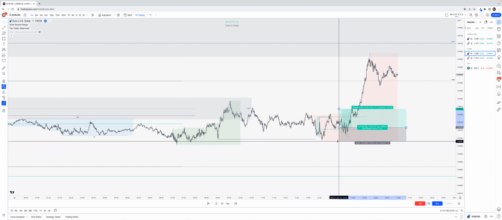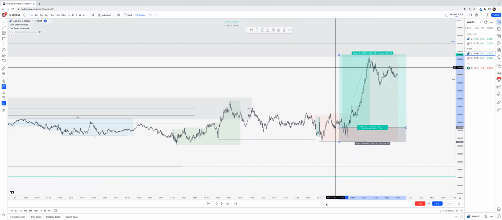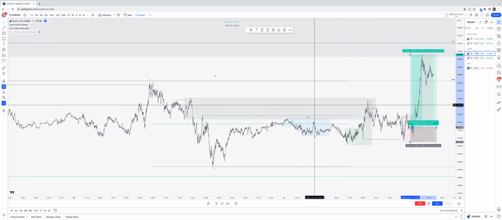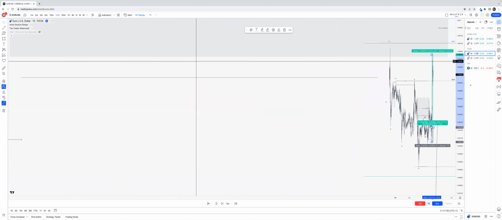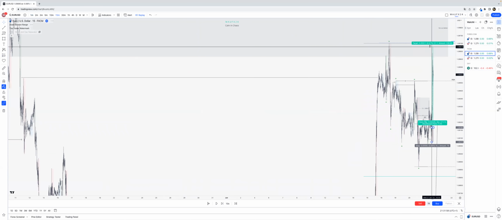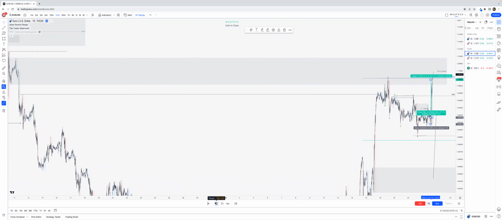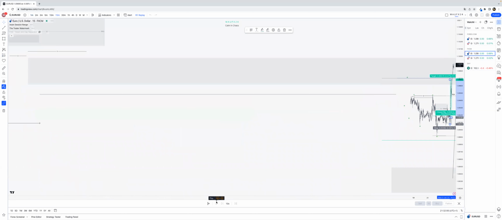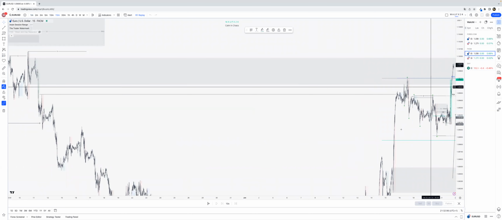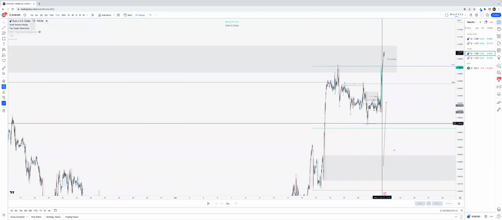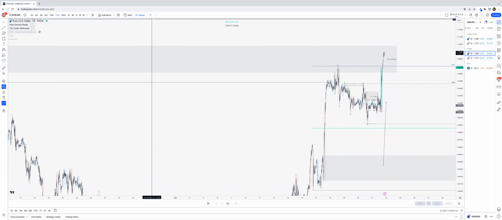Slightly larger stop though, but it's all right. And this one, nice trade. And you can actually target previous daily highs. I think there was news today, so it smashes up. Nice. And it reaches higher without reaching the discount pricing.